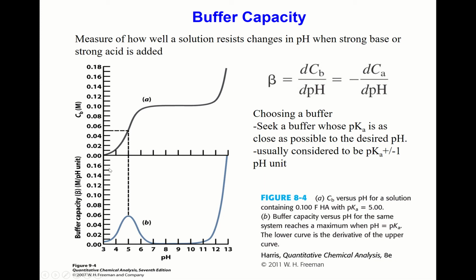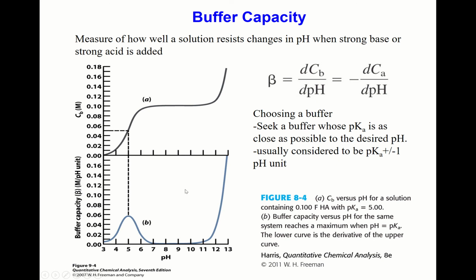If you differentiate this Cb, this concentration change with respect to pH, a simple differentiation of this curve, it increases, and at this point the change is maximum, and then it decreases, almost zero in this region, and then it increases rapidly again.